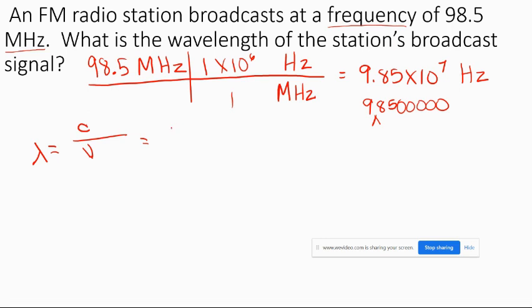My speed of light is a constant, and that's meters per second. Now I am going to put in my frequency. Remember that this hertz is the same as what?